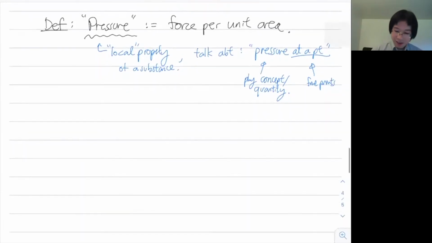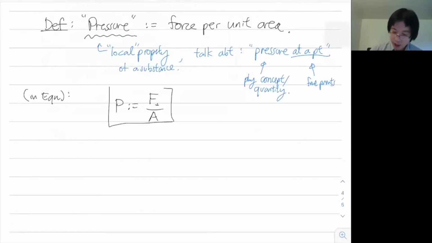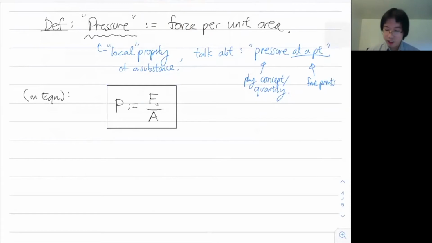Okay, all right. So in equation form, as you know, when you are memorizing definitions, you can define things in words, or you can define things in math. So it's force per unit area. What's that little bracket over there?